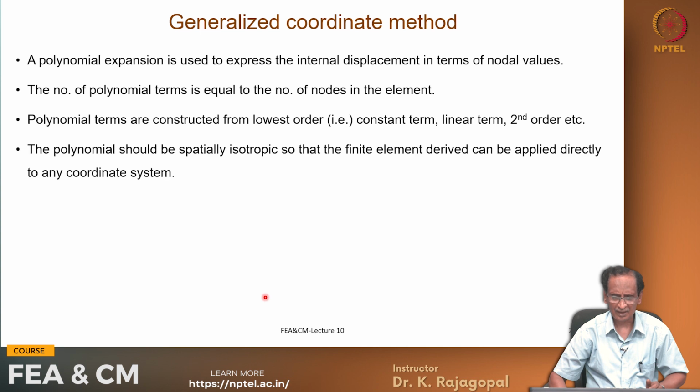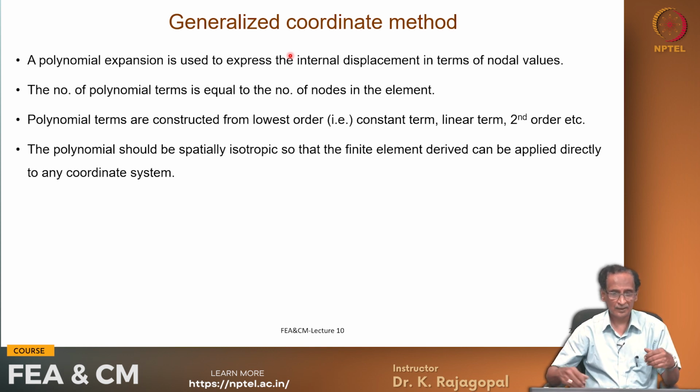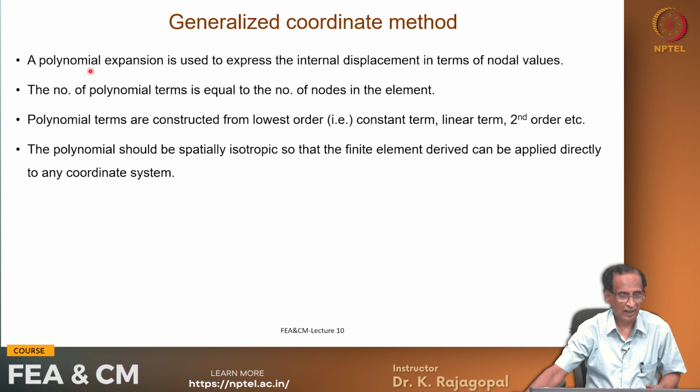One of the simplest methods that we can use for developing our shape functions is the generalized coordinate method. We assume a polynomial to express the internal displacements in terms of the nodal values, and the number of terms in the polynomial equation is equal to the number of nodes in the element.